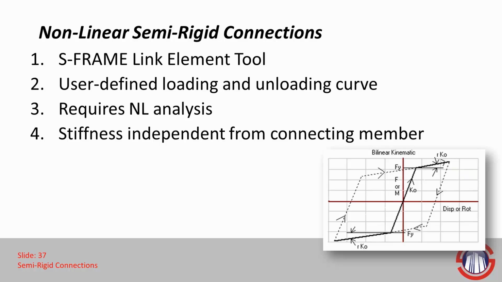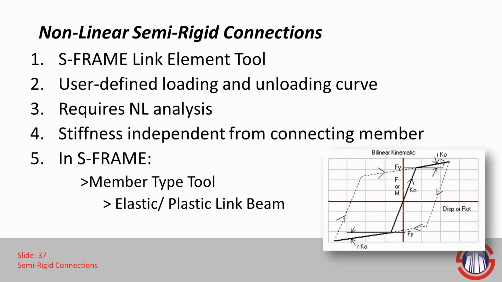And the difference here is that the stiffness of your link element is defined based on the member end link element properties, and is not dependent on the connecting member. If you're curious about this, you can find more details in our help system. You can also go to the member type tool in SRAM, and then it's under the elastic plastic link beam.